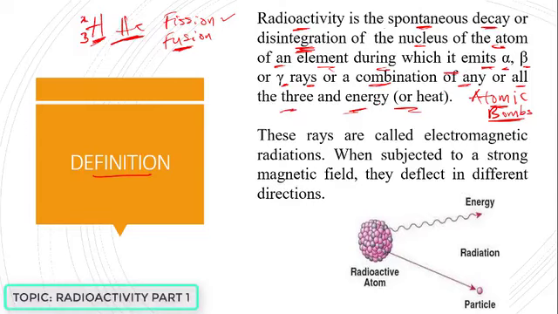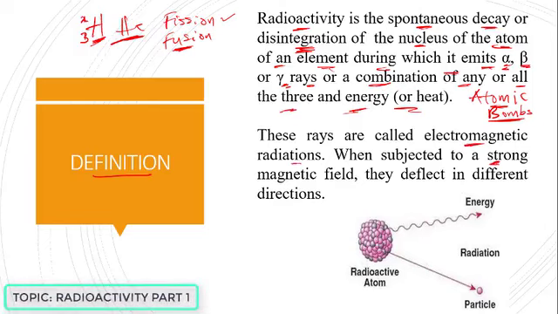Remember, we said radioactivity is the spontaneous decay or the spontaneous disintegration of the nucleus of an atom of an element with the emission of alpha, beta, or gamma rays, or a combination of any or all the three of them, and the release of heat energy. Now, these alpha, beta, and gamma rays are what we call electromagnetic radiations.